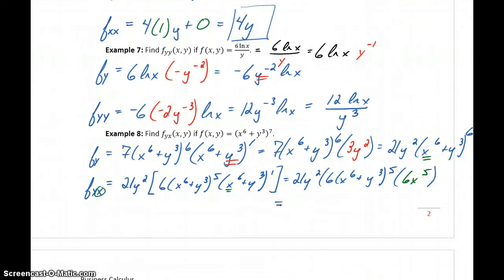So now just multiplying together and simplifying where we can, 21 times 6 will give us 756 x to the fifth y squared times x to the sixth plus y cubed to the fifth power. So again, whenever something like the chain rule or product rule pops up, we need to start off by following the format that we've introduced in previous sections where we covered derivatives to follow those properties.